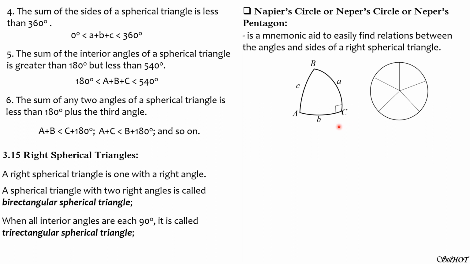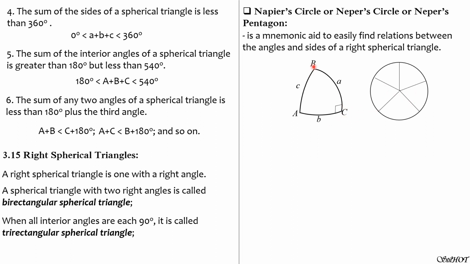And the ruling is, beginning with B in the same direction here, elements of the right spherical triangle, we begin with B, the next would be A. We bypass C because it is not part of this Napier circle. So after B is A in counterclockwise direction.